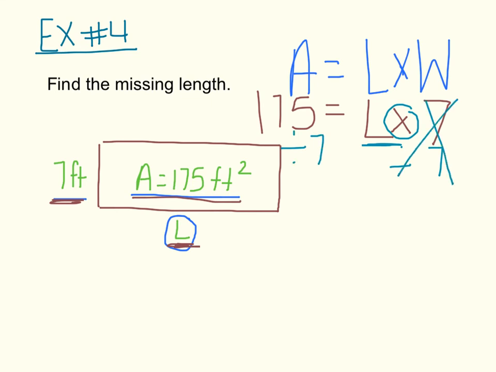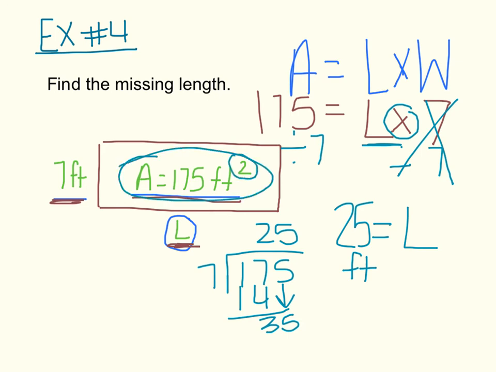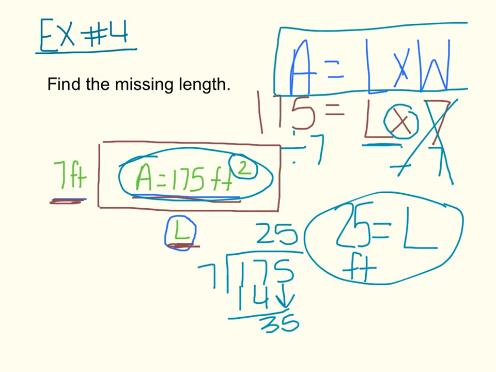This side cancels out, leaving us with just the L. Let's solve 175 divided by 7, and we get a length of 25. It's actually going to be 25 feet. It's just feet, not squared, because only our area is squared. So we just found our missing length by using this formula, A equals L times W.